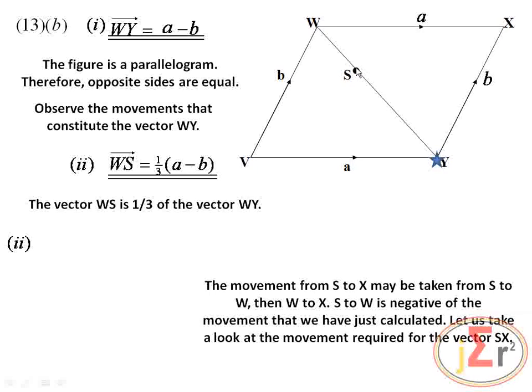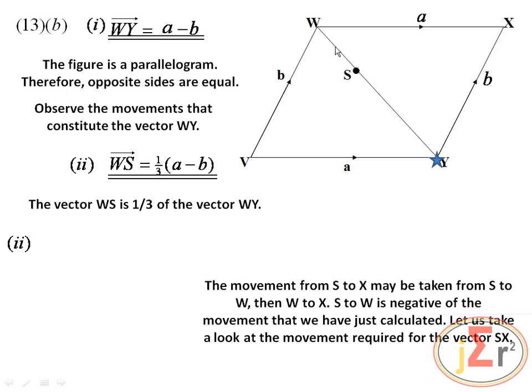So we move from S to W, then from W to X. Now from S to W is the negative of the movement WS, because it is in the opposite direction to WS.